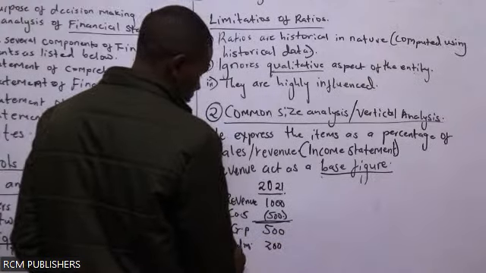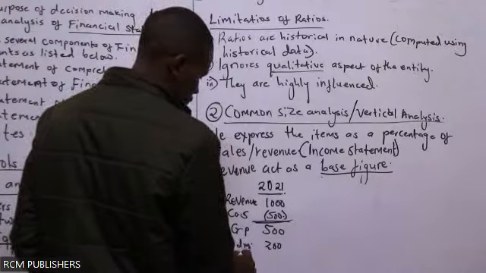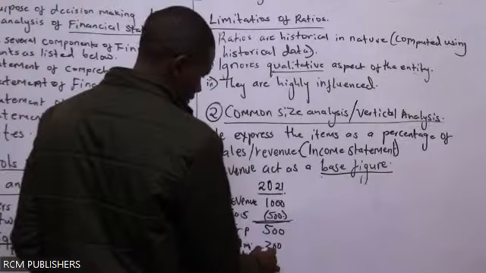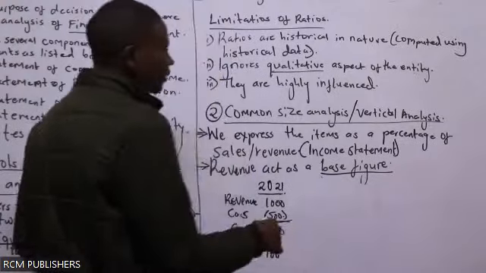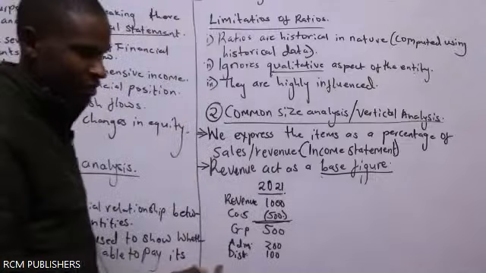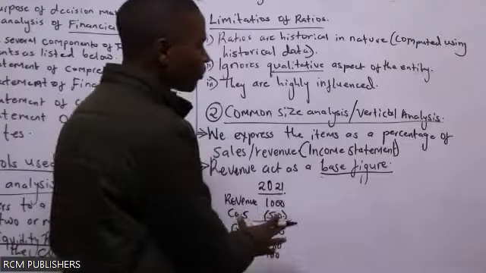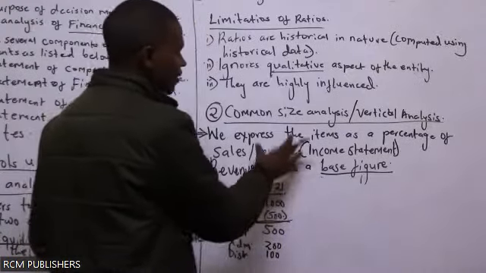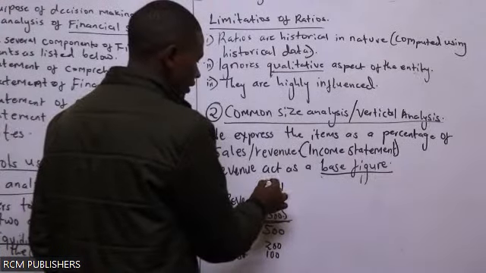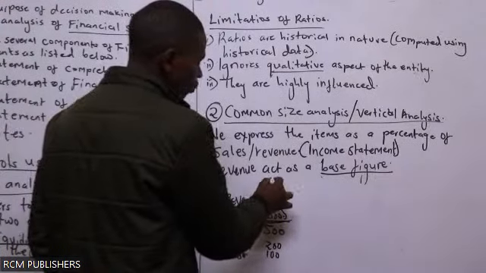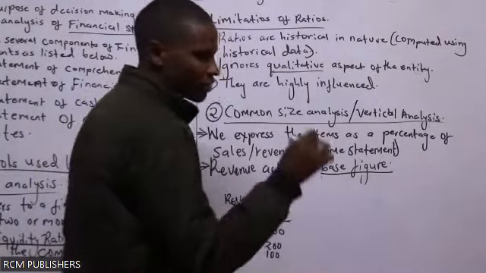Any other item, maybe distribution cost, I can have 100. Let us stop there. Now when you are to analyze these financial statements, this is just a sample I'm giving you. If you are told to analyze the financial statement of Morris Limited in the year 2021, this is how you do it.